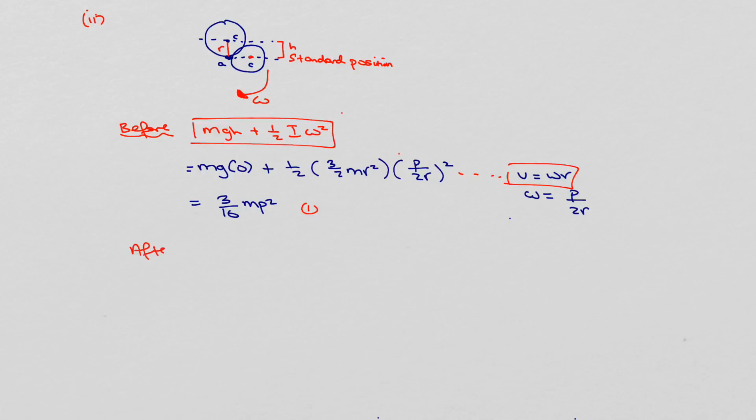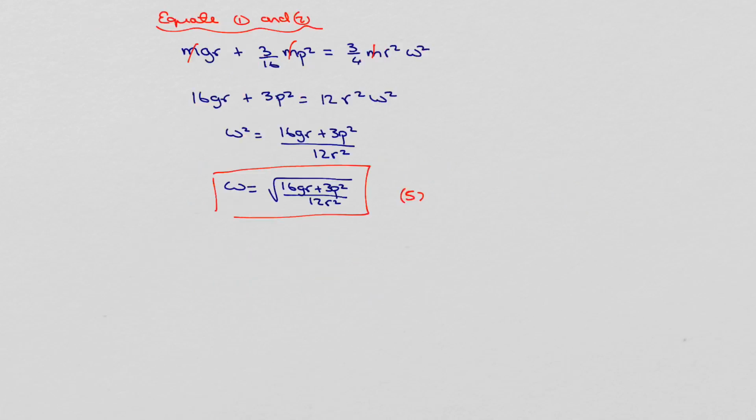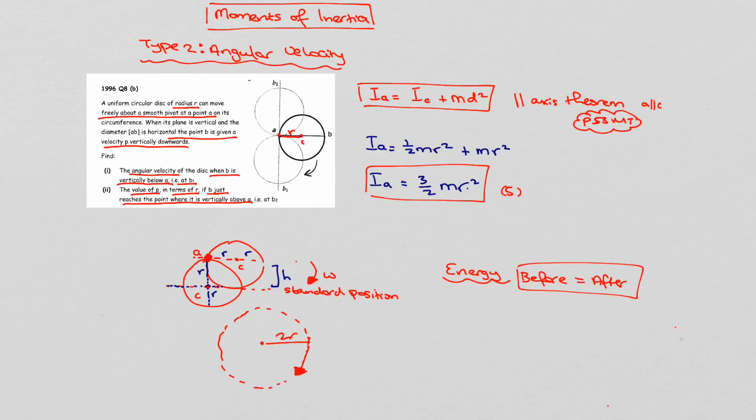And then after, our potential and our kinetic energy. Our height above the standard position is r, our radius. We can see that in our diagram. We have our 3 over 2 mr squared for our moment of inertia, and we are told, let's go back to the question, that it just reaches the point.